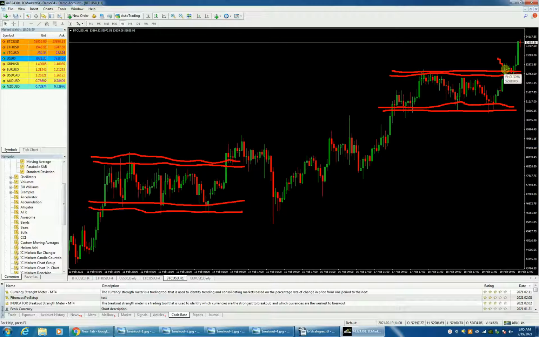This bar over here has to be higher than this bar over here, which is the top of the range, and it is. So it is a breakout. You put your stop loss at somewhere around 50 to 75% of the range, and as you can see, the price broke out and has continued to move up. In this case, you already had your 1 to 2 risk to reward.